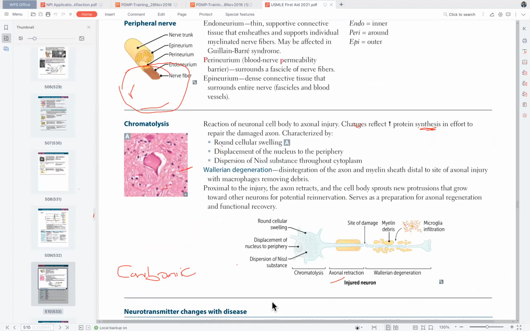Okay, this is also important that you look at it. The chromatolysis, you want to know the color of the cytoplasm when there is injury, like when the injury occurs now, and then if the injury has taken some time, what happens. You want to know the cells that would regenerate it, right?